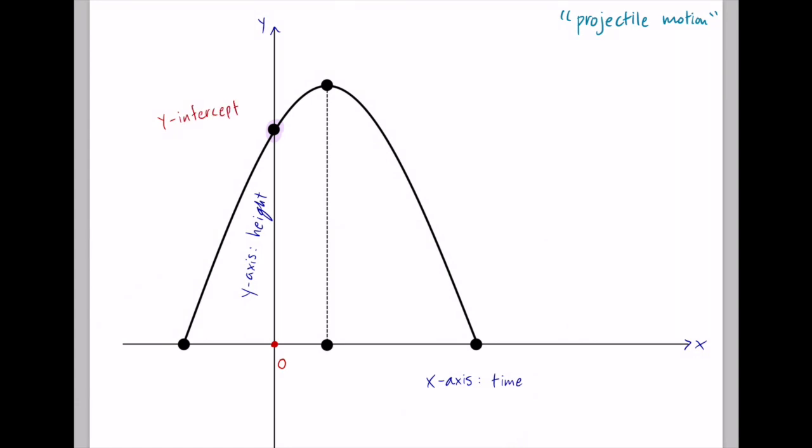And our y-intercept is this point here, and it's given by 0, y, because we know the time is 0, and the y value is going to be our height. It's going to be different for every problem, but in general, that y value is always going to be the height the object started at.